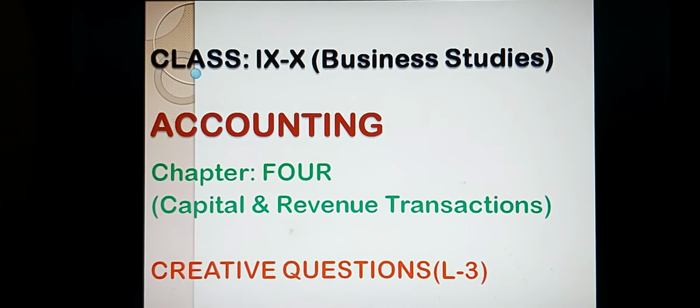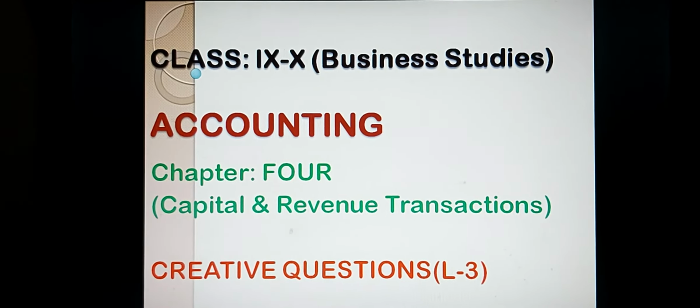Now, total amount of deferred revenue expenditure is 43,000. Do you agree with my answer? I think you agree. That is the answer of requirement A. Okay, now you can go to requirement B.